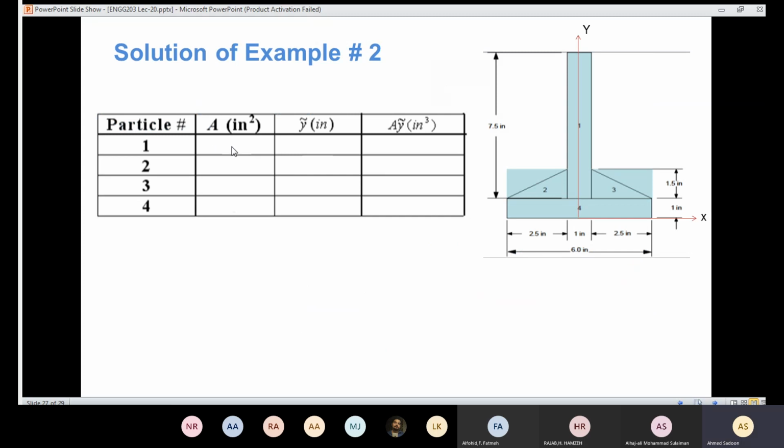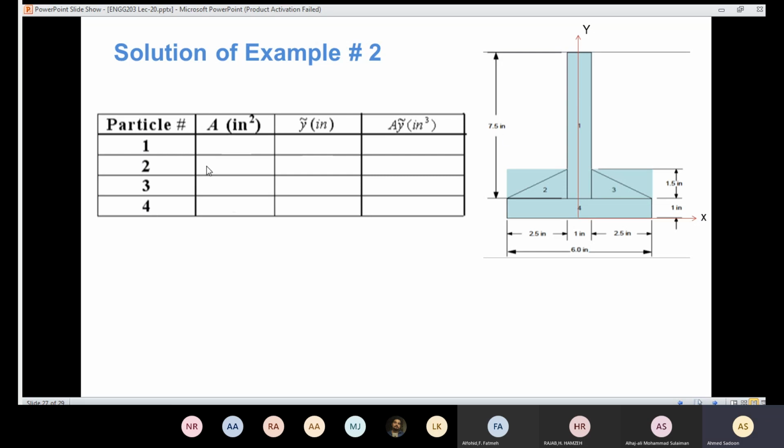So instead of having 5 columns, 1, 2, 3, 4, and 5, since the value of x is 0, I'm going to ignore the x. So I'm going to concentrate on y hat and A y hat, because x hat or x bar is 0. I have parts 1, 2, 3, and 4.